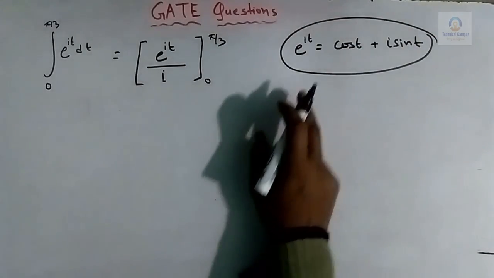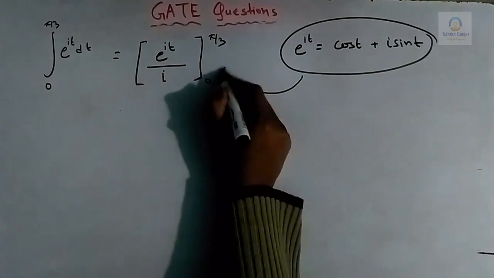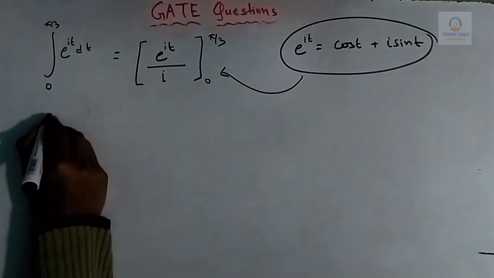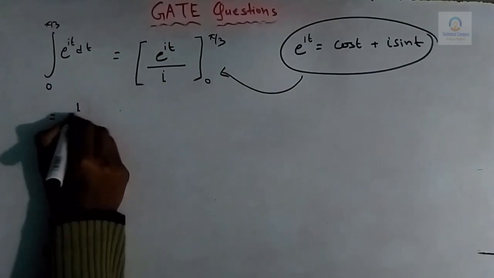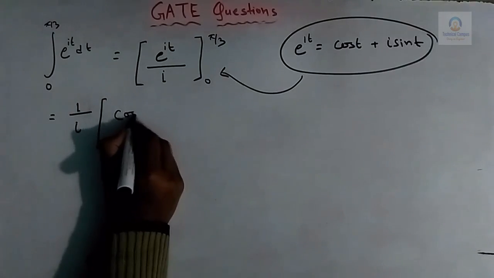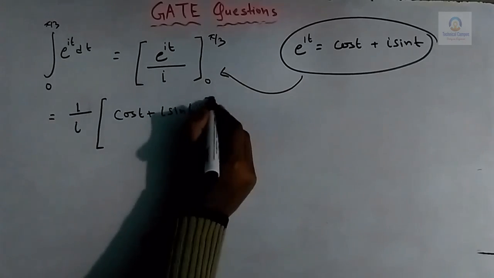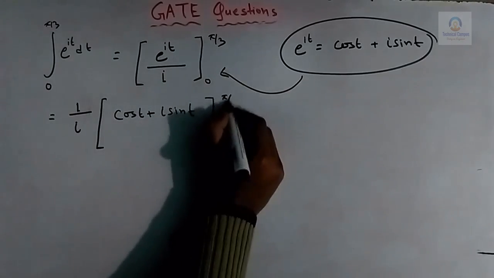Now if we replace the value of e to the power it by cos t plus i sin t, and put this value in this equation, let us take 1 by i outside, then it will be cos t plus i sin t, and the limit is 0 to pi by 3.